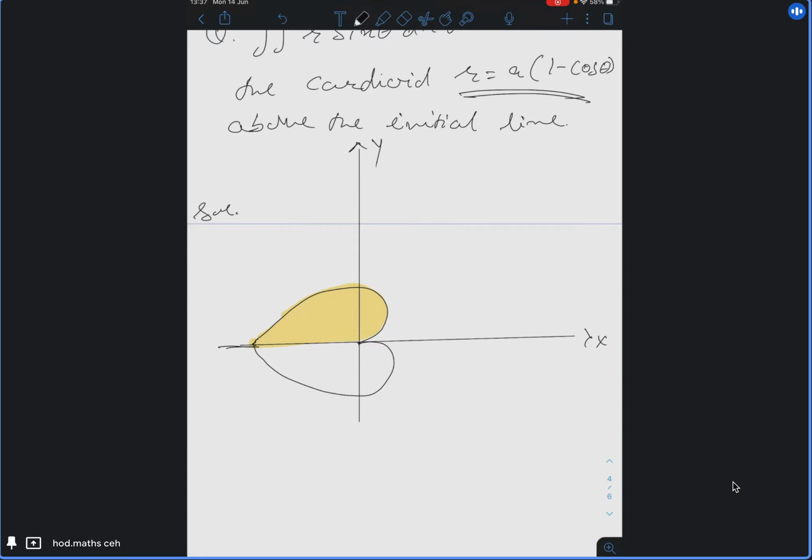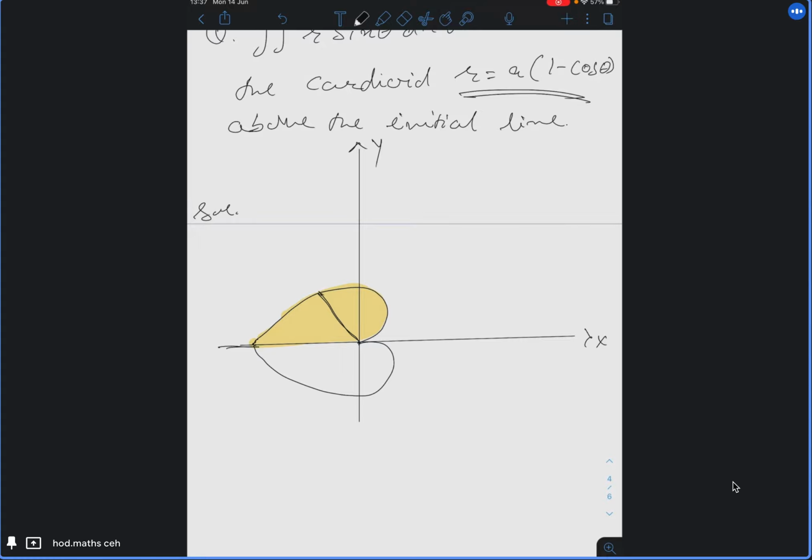Okay, so this cardioid, as you can see, is symmetrical about the initial line and it passes through the pole, theta is equal to 0. So the region of integration is above the initial line and is covered by the radial strips. How will you find the limits of r? You draw the radial strip anywhere.